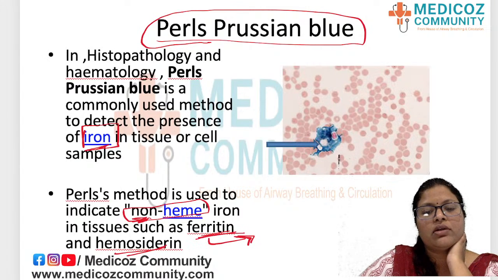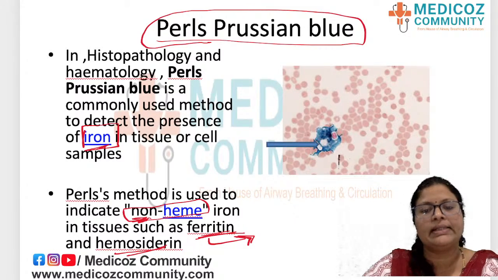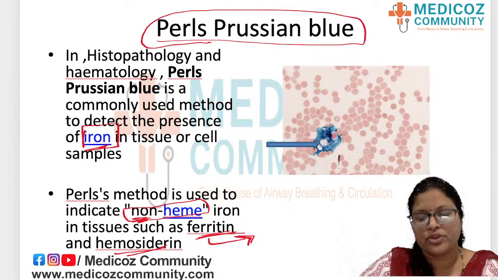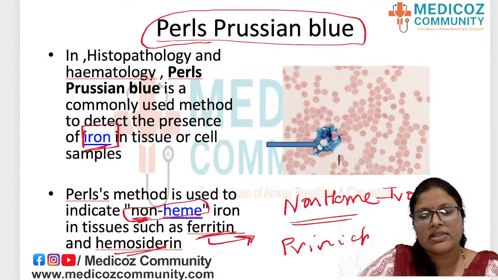We will discuss all this in detail, as I said, in the special stains class. So this is how it looks. So bone marrow with Prussian blue staining for iron, non-heme iron. Okay, what is the principle of this test? Okay, all these things we will read.